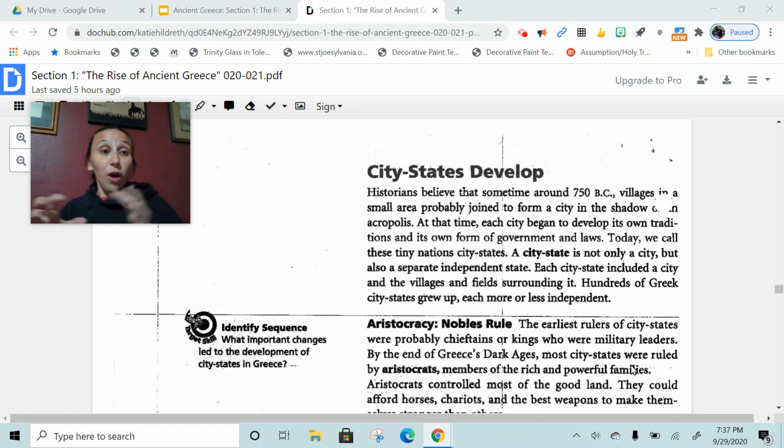So even though everybody was living in Greece, think about it like modern day, right? Our city states of ancient Greece are kind of like the states. In the state of Ohio, we have different laws than maybe the state of Michigan or the state of Tennessee, speed limits, things like that. So if you think about it, everything comes from somewhere, right, in history. So think about a city state and think about our modern day states.